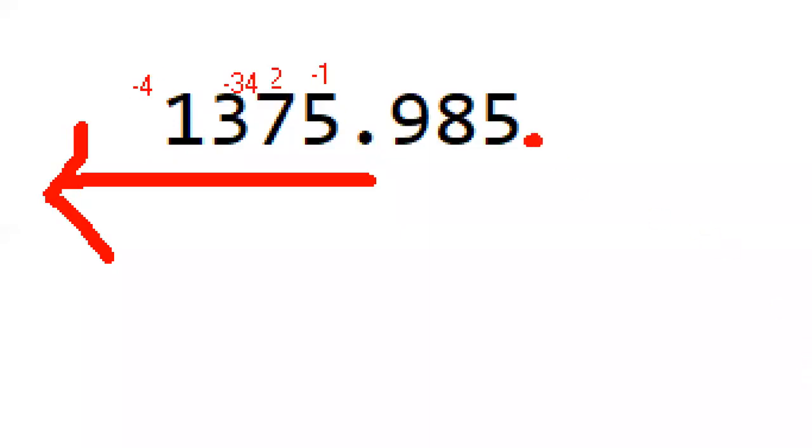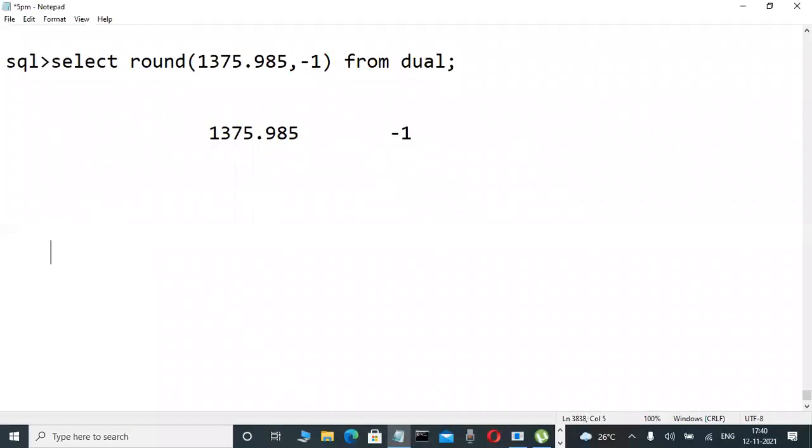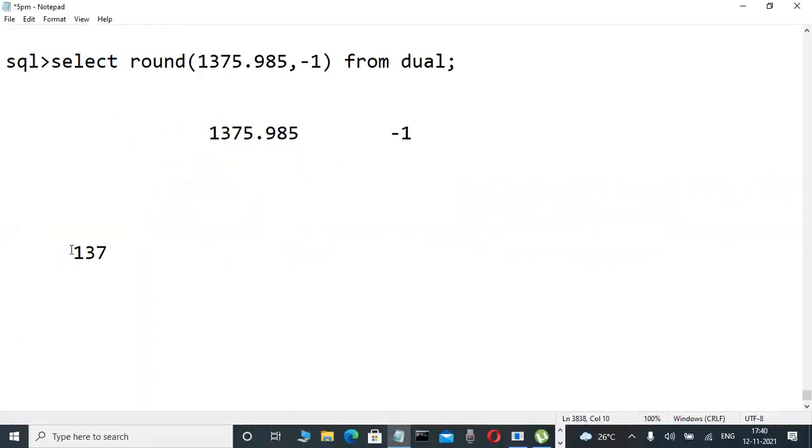But here we have the -1 position, so how can I round it? So many fellows are saying 137, so many are saying 138, some are saying 139. Very good, 3 answers, but only 1 answer is correct.